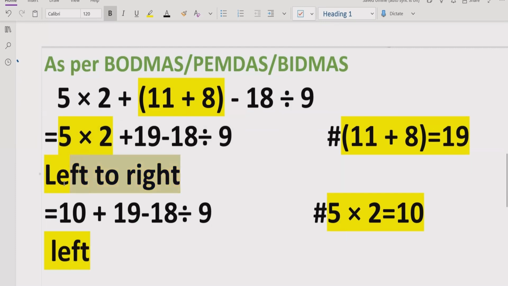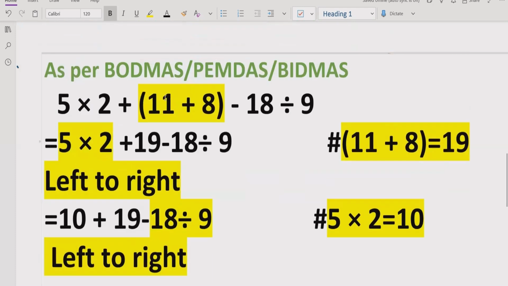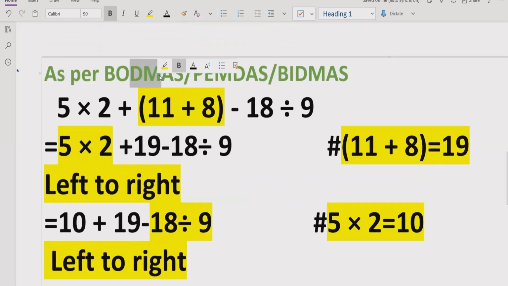Now we have the addition here, the subtraction here, and the division between two numbers. So we have to solve the division part first, because as per the rule, we have to solve division and multiplication in our expression completely before going to addition and subtraction.